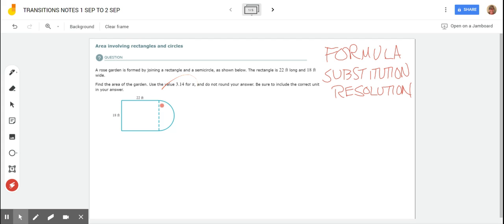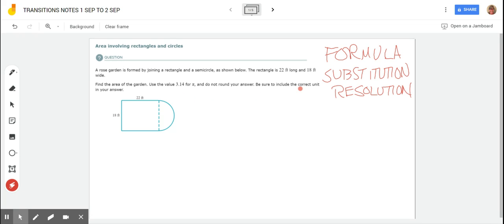3.14 for pi. You guys, that's really important because a lot of times you can use pi for pi, and that slight little difference between 3.14 and 3.14159 actually does make a difference in the decimal value in the final answer sometimes. So it says, use the value 3.14 and do not round your answer.